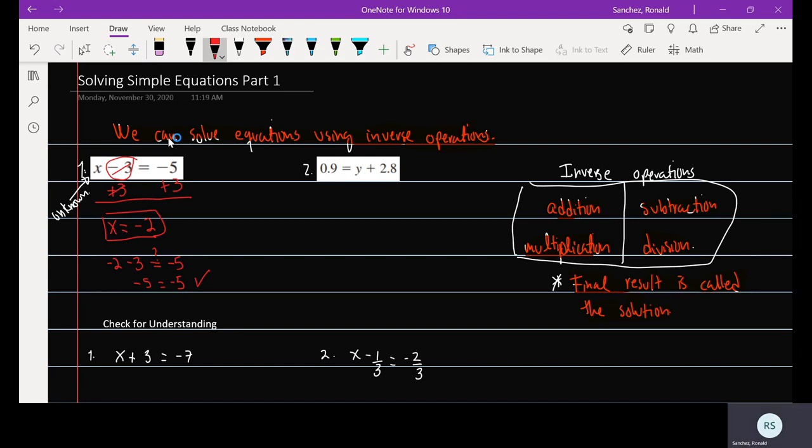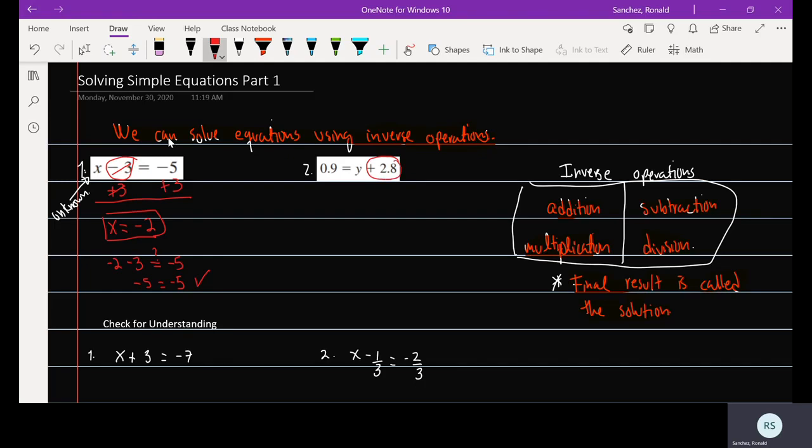Now let's go ahead and look at the second problem. We have 0.9 is equal to y plus 2.8. Our goal again here is to isolate y. We need to know which value of y, which number y, when we add 2.8 gives us 0.9. What I want to do is move that positive 2.8 to the opposite side.